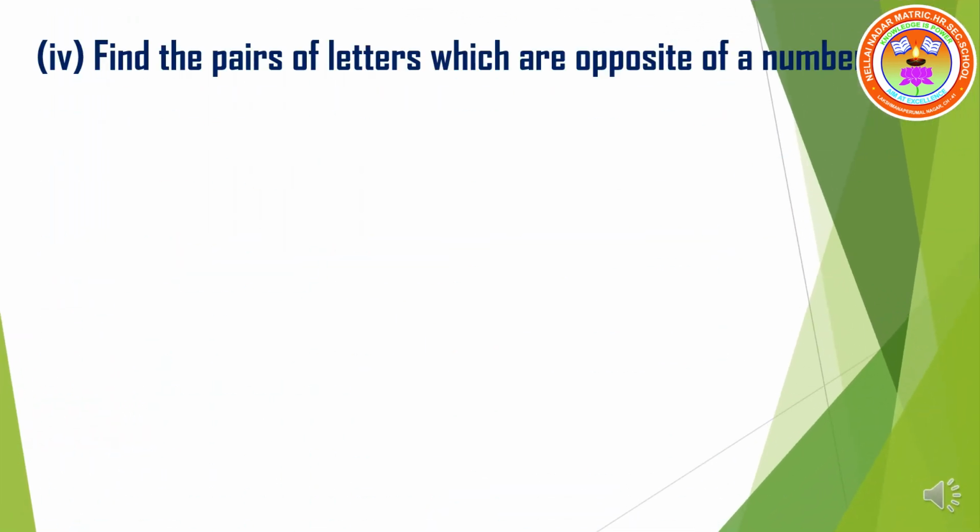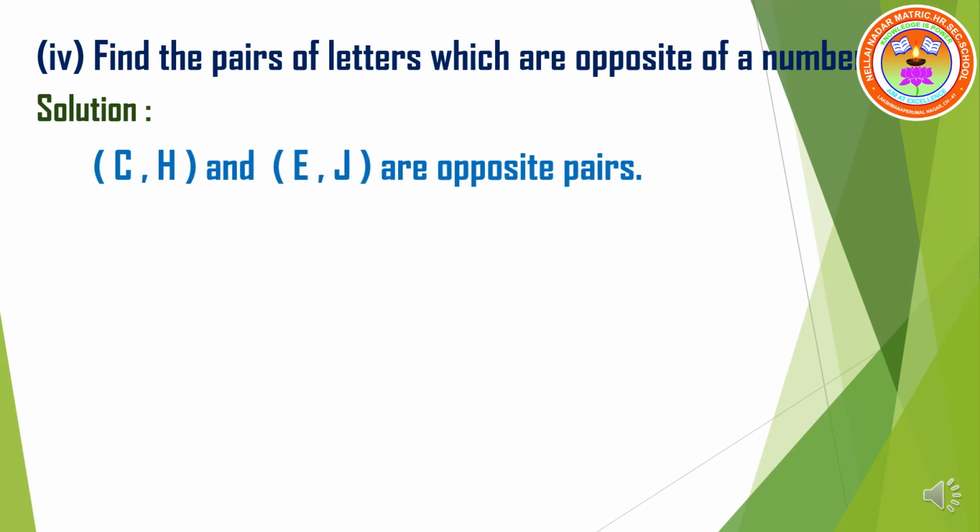Next one, subdivision 4. Find the pairs of letters which are opposite of a number. Okay, so we have to find the pairs of letters which are opposite of a number by seeing the number line. So by seeing the number line, we can say that C, H and E, J are the opposite pairs. Okay, children?